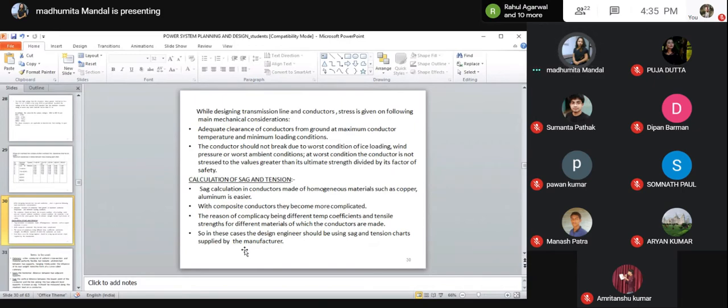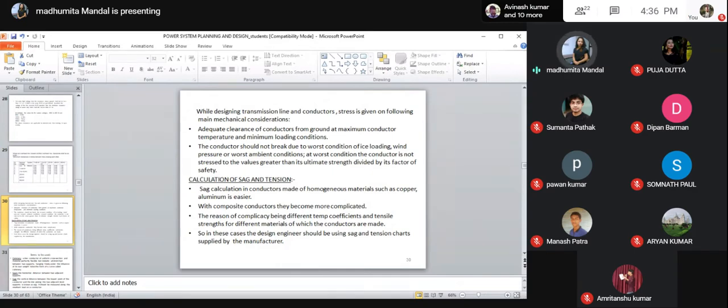Okay. Next, while designing transmission line and conductors, stress is given on the following main mechanical considerations. First, adequate clearance of conductor from ground at maximum conductor temperature and minimum loading condition. The conductor should not break due to worst condition of ice loading, wind pressure, or worst ambient conditions.